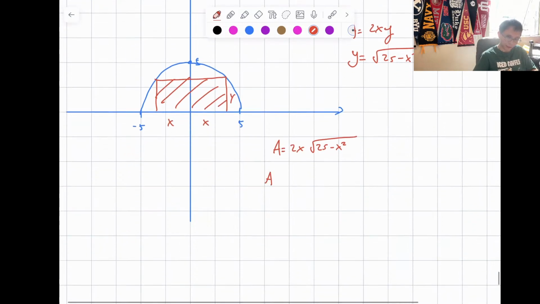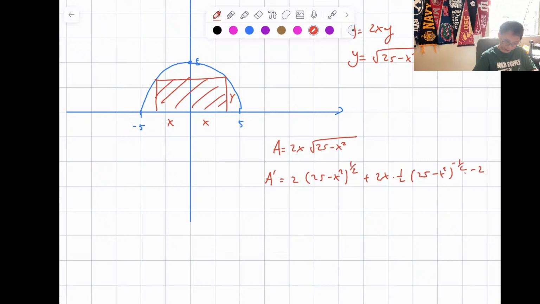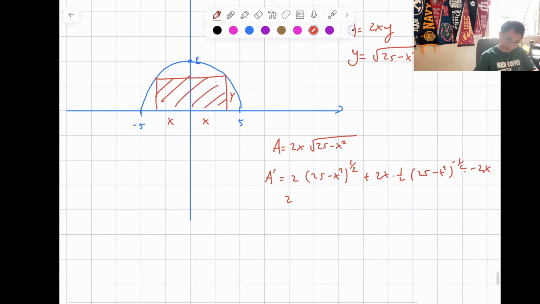If you take the derivative, that's equal to 2 times (25 minus x squared) to the 1/2, plus 2x times 1/2 times (25 minus x squared) to the negative 1/2 times negative 2x. If you factor out a 2 and (25 minus x squared) to the negative 1/2, this will end up being 25 minus x squared.